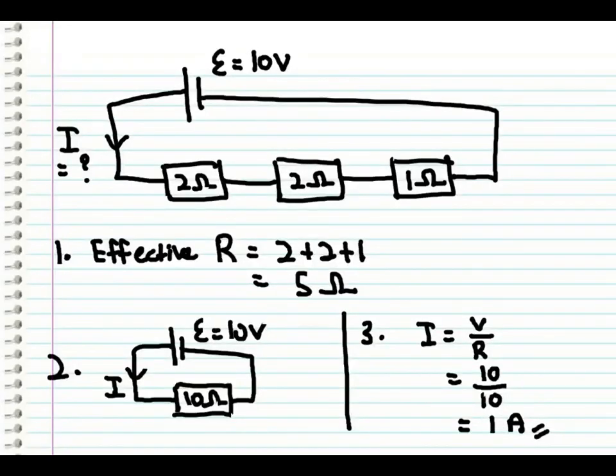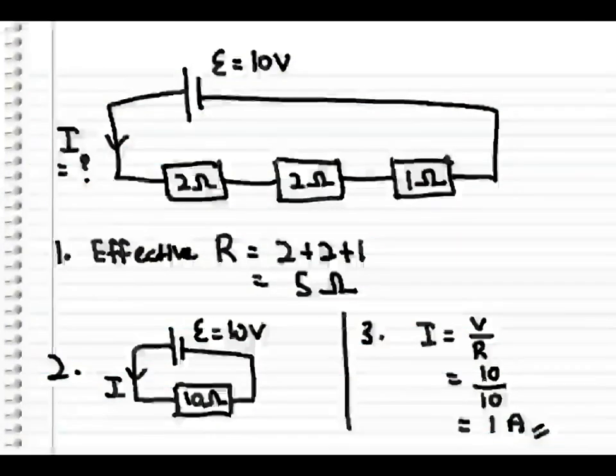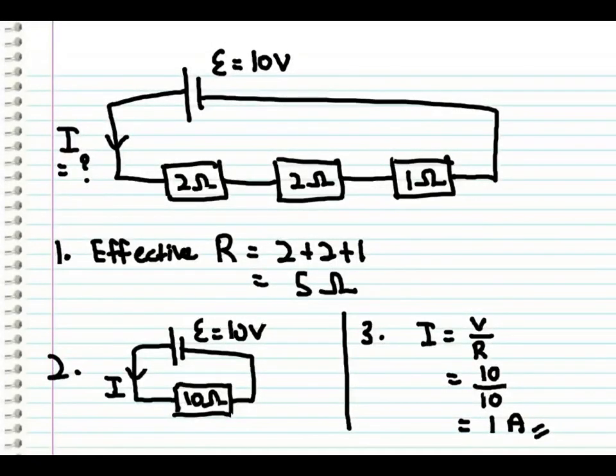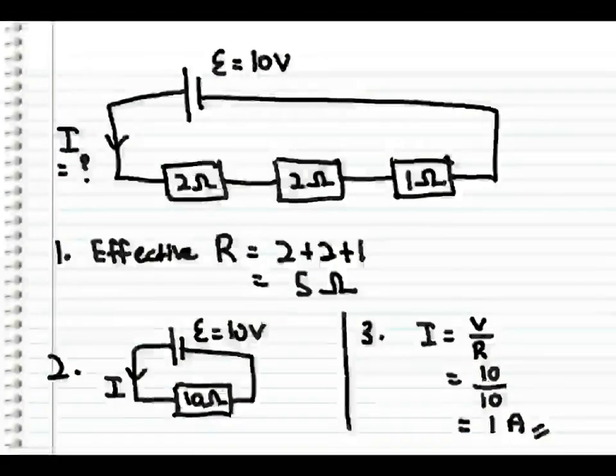Now let's look at this example. We have a series circuit where the EMF of the battery is 10 volts. The resistors have resistances of 2 ohms, 2 ohms and 1 ohm, and we are asked to find the current I. Since this is a series circuit, we can find the effective resistance, which is simply the sum of all the resistances, which is 5 ohms.